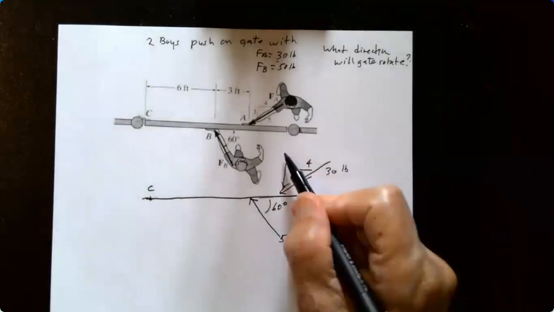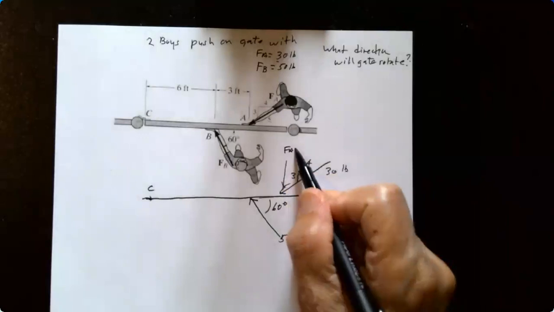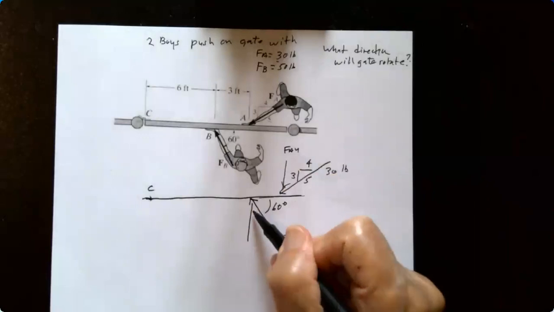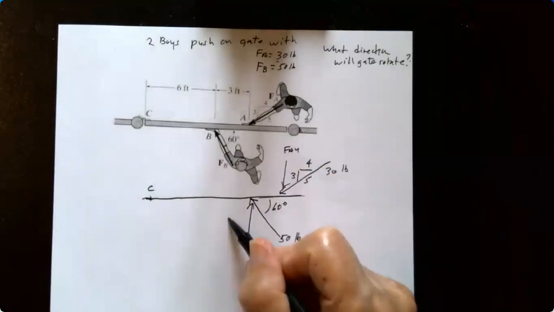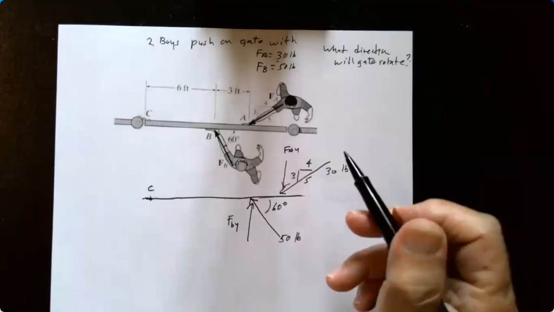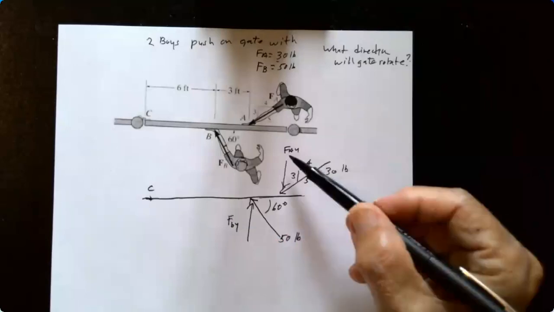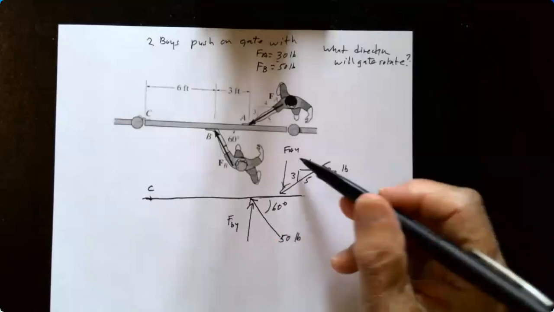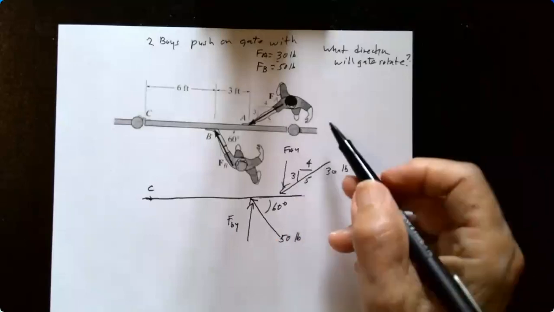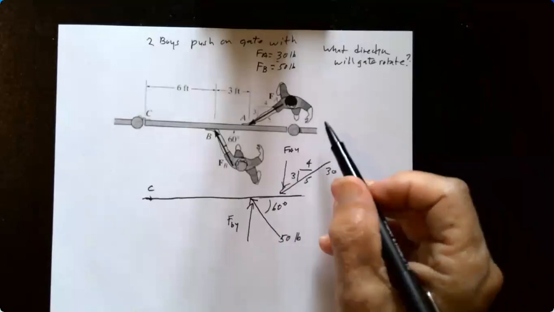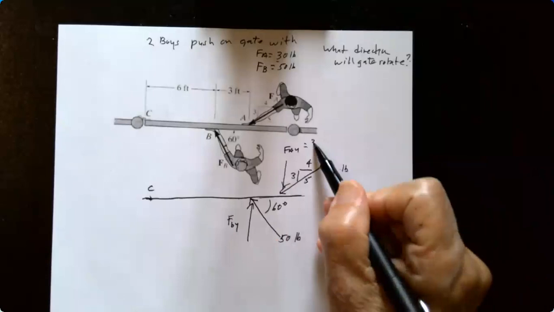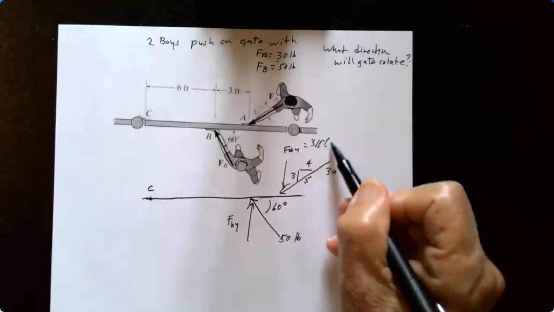So this is FA sub Y. And this is FB sub Y. FA sub Y using slopes is 3/5. So FA sub Y is 3/5 of 30.